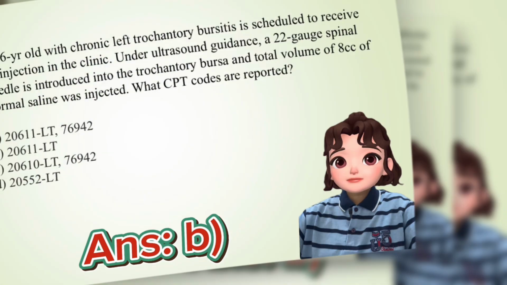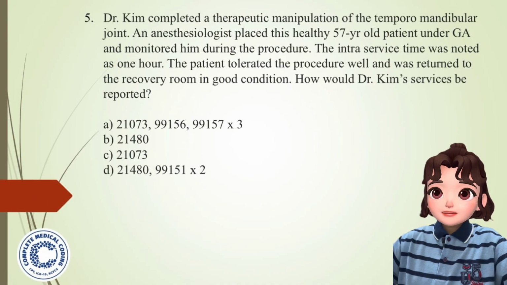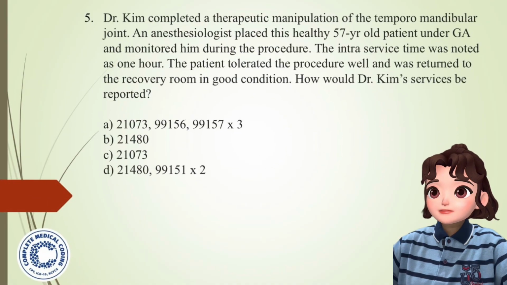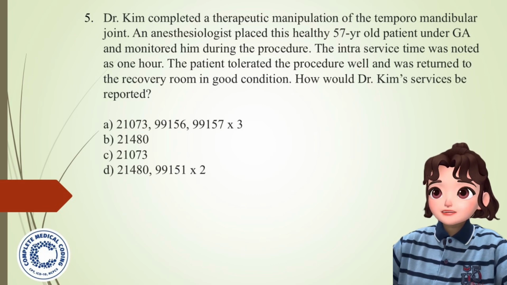Okay. Now moving to the fifth question. Dr. Kim completed a therapeutic manipulation of the temporomandibular joint. An anesthesiologist placed this healthy 57-year-old patient under general anesthesia and monitored him during the procedure. The intra-service time was noted as 1 hour. The patient tolerated the procedure well and was returned to the recovery room in good condition.